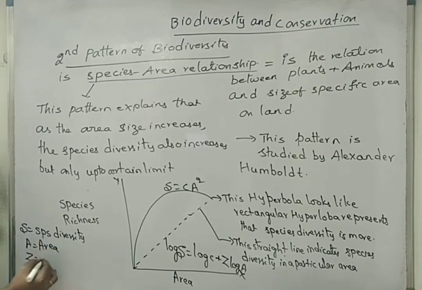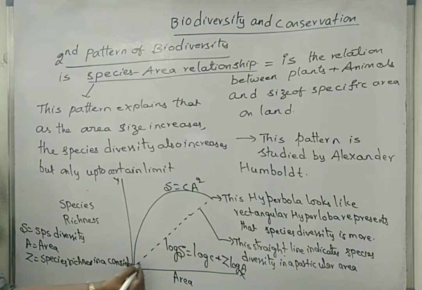Z is species richness in a considered area. And C is the y-intercept. So this is the graphical representation given by Alexander Humboldt.